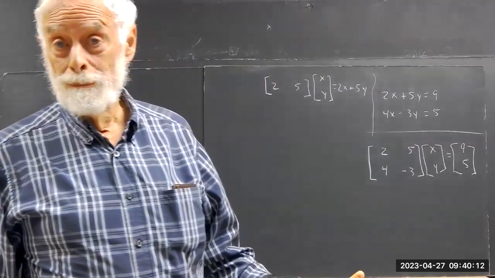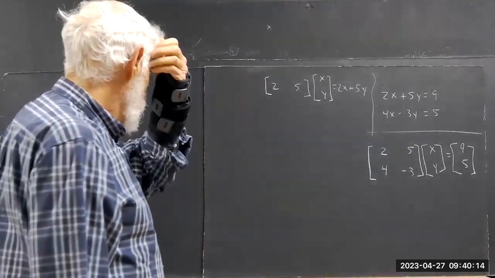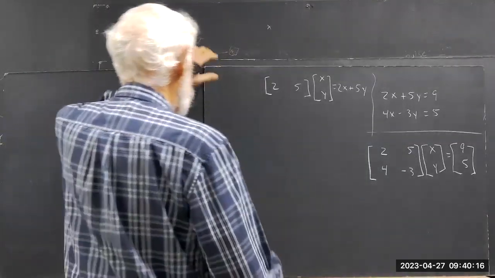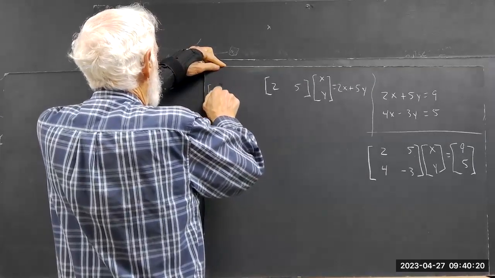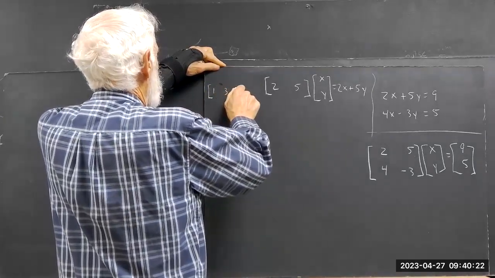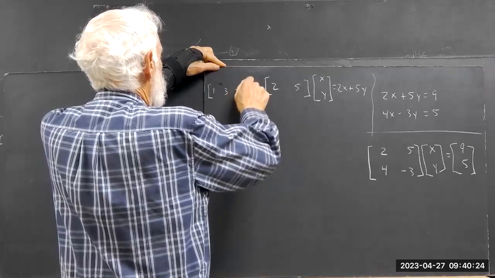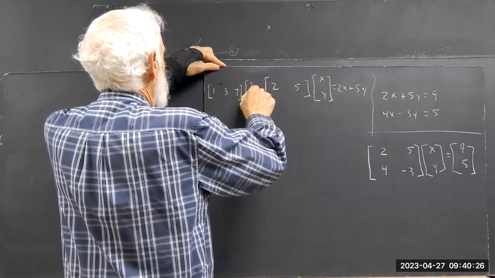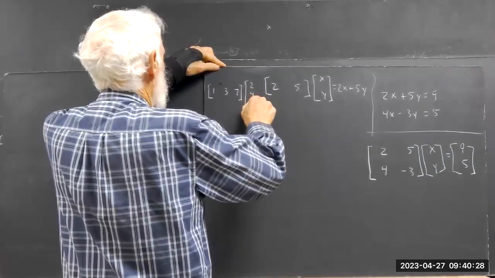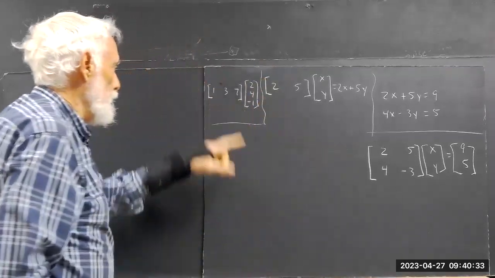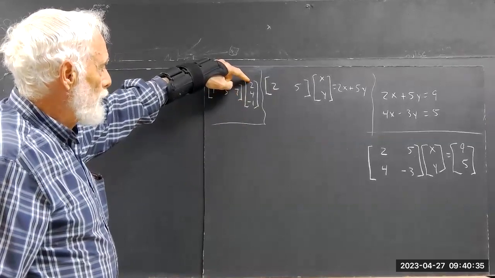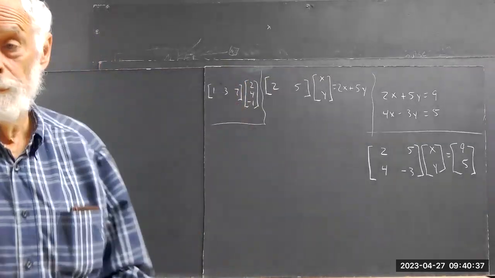It's a simple rule. Okay, so do this one for me. See if you can extend the rule a little bit. What if you have this multiplication, 1, 3, 7 multiplied by 2, 4, -1.